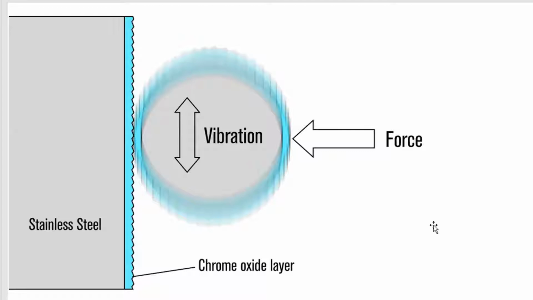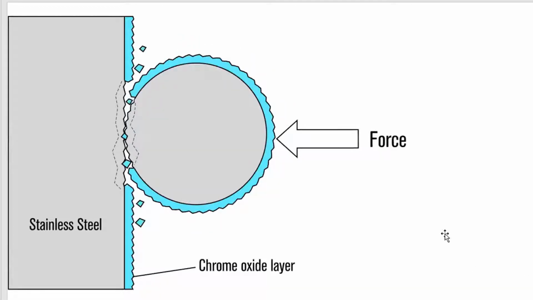And so if you have this relative movement, then what's going to happen is these chrome oxide layers, because they're very, very thin, are going to start to wear each other away.